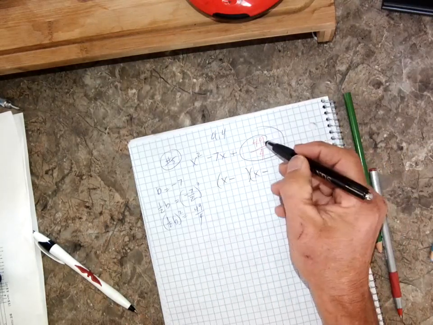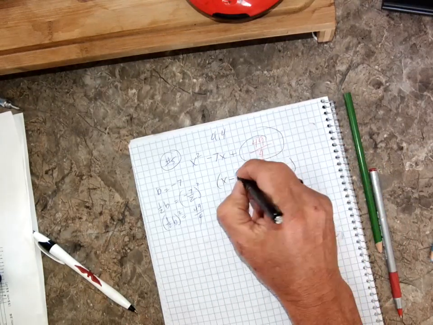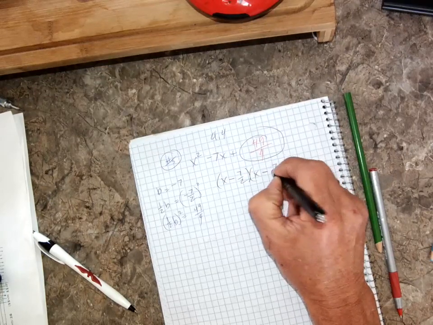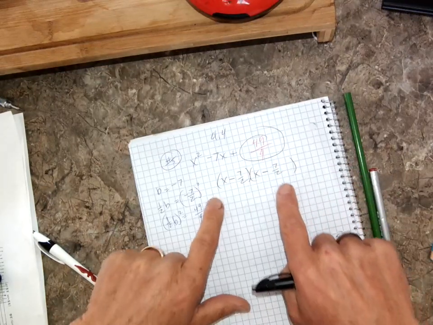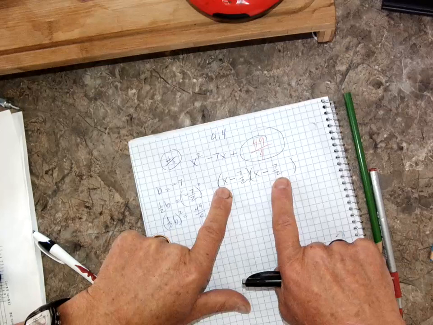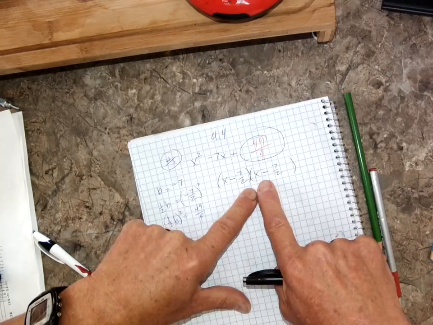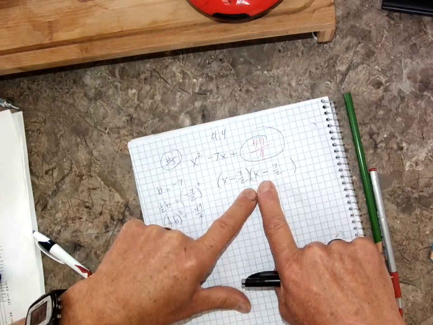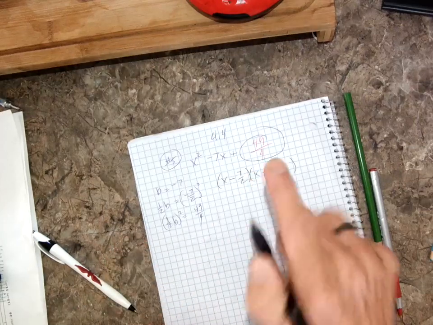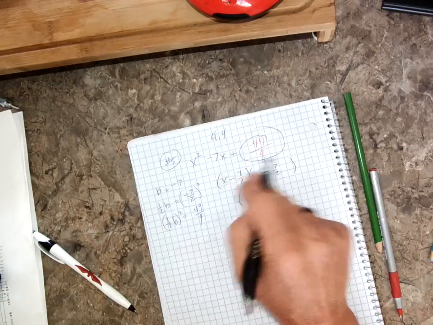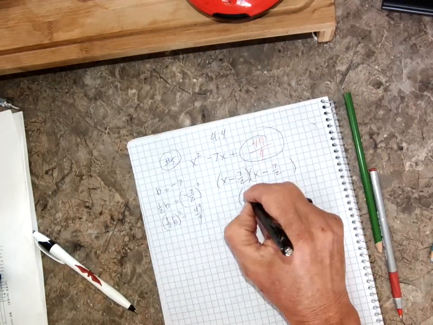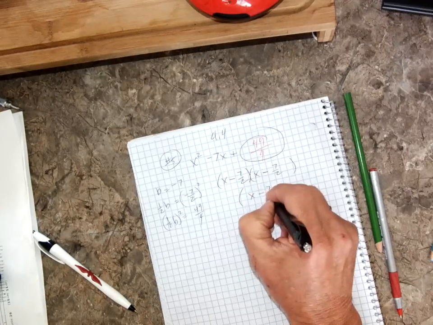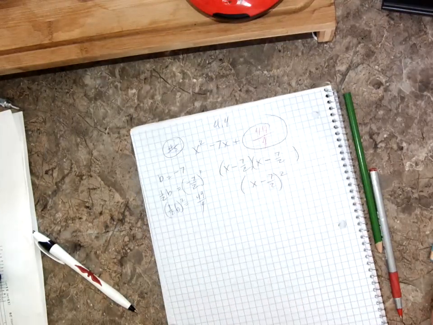Now, if you do the double smiley, you get 7 halves, another 7 halves, add them together, you get 7, multiply it, you get negative 49. You can rewrite this as the positive 49 fourths, x minus 7 halves squared. Okay, that was a hard one.